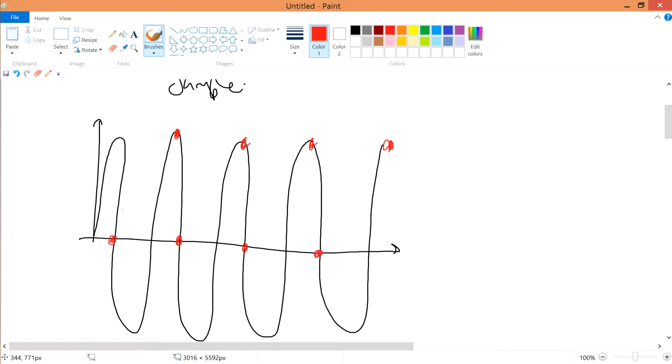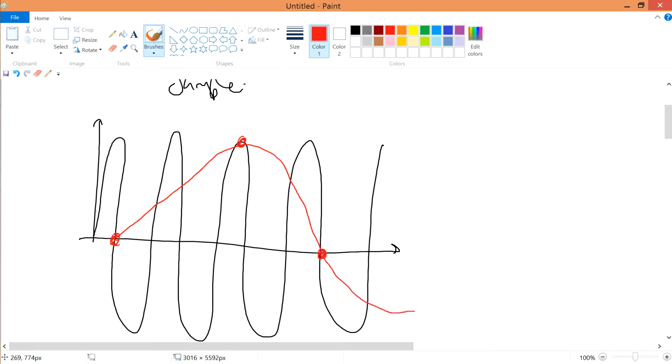So I may take in some weird values like this. Over here, if I were to connect these points, I'll have something like this.